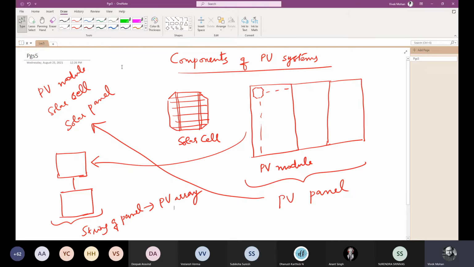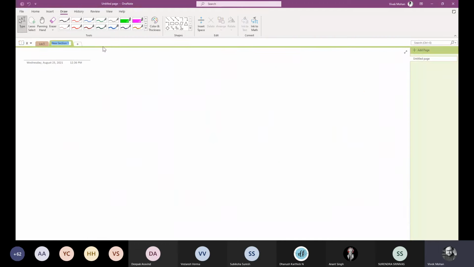Now let's see the effect of connecting panels, or solar cells, in series and parallel combinations. This is a solar cell. This is another one.